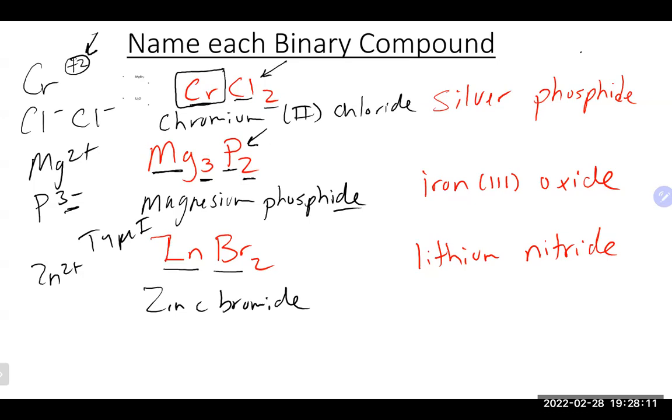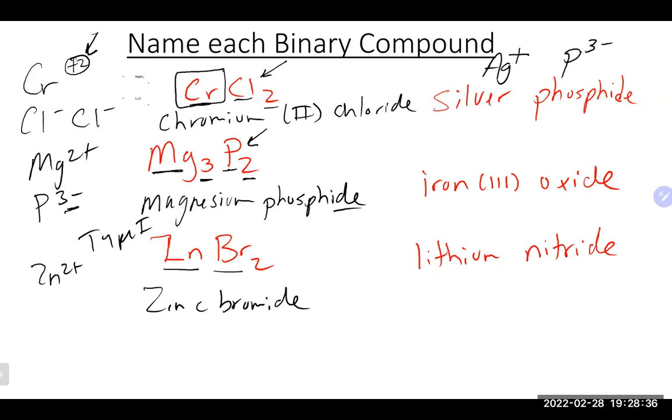Coming to the right, when we're going to our name, we really just want to figure out what is the positive guy, what is the negative guy. So silver, also a transition metal, but one of those ones that we talked about that has a fixed charge. Silver's charge is +1. Phosphide is phosphorus on the periodic table, which is group number 5, and that means it should have a -3 charge.